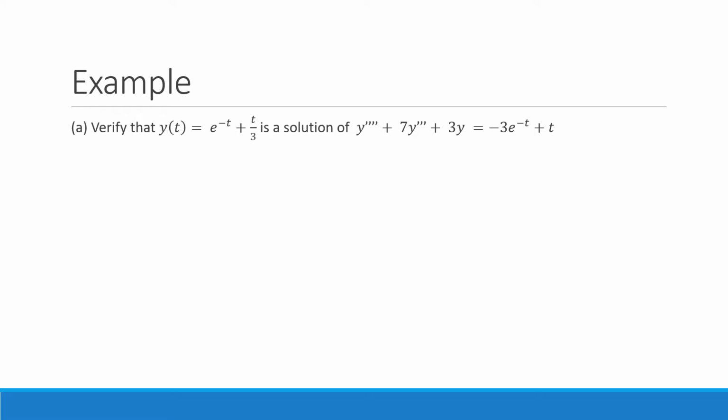Let's take a look at our first example here. We are trying to verify that y of t equals e to negative t plus t divided by 3 is a solution of the differential equation described here.